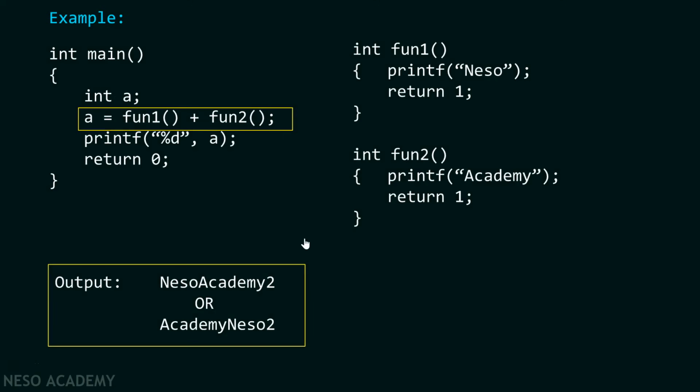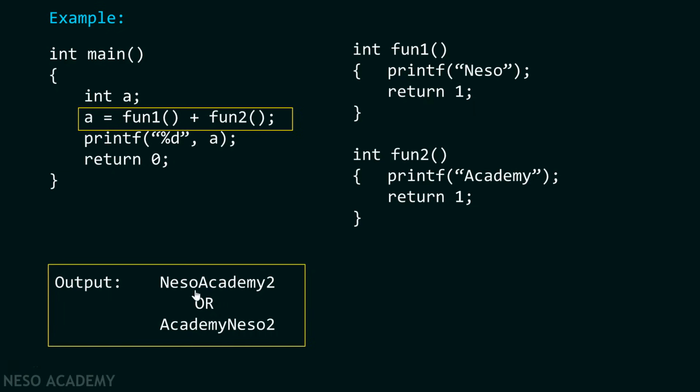Now what is the output of this particular program? Is it naso academy 2 or is it academy naso 2? If fun1 is called first, then first naso will be printed and 1 is returned, and then fun2 will be called and academy will get printed and it will return value 1. 1 plus 1 is equal to 2, which will get printed after printing naso academy, right?